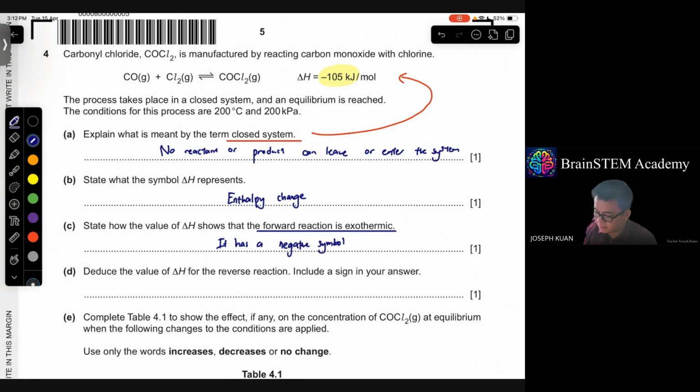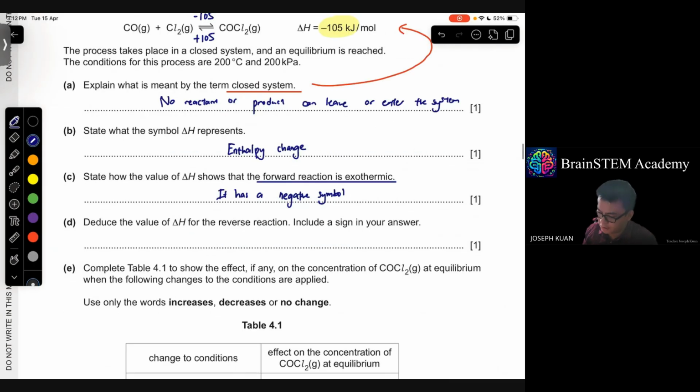D, deduce the value of delta H for the reverse reaction. Include a sign in your answer. Given that the forward reaction involves an enthalpy change of negative 105 kilojoules per mole, going backward, it will have the same value but with a different sign, positive 105.